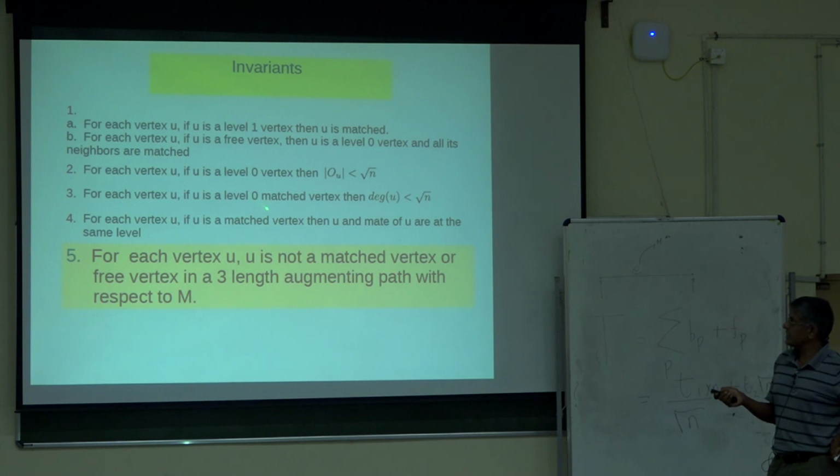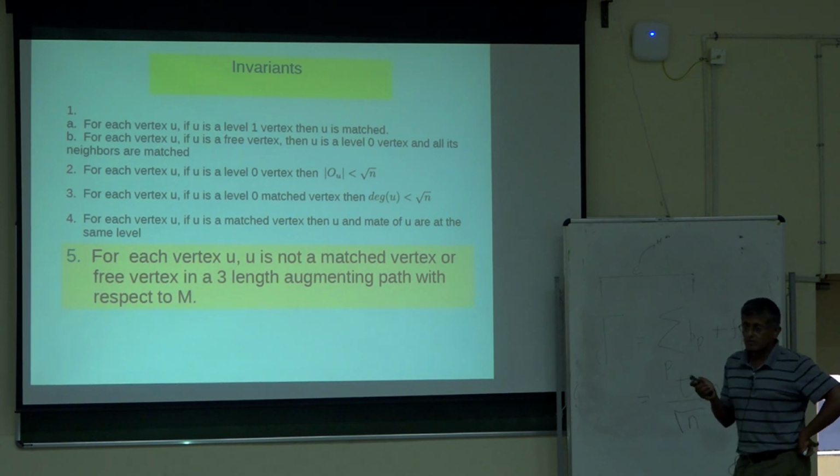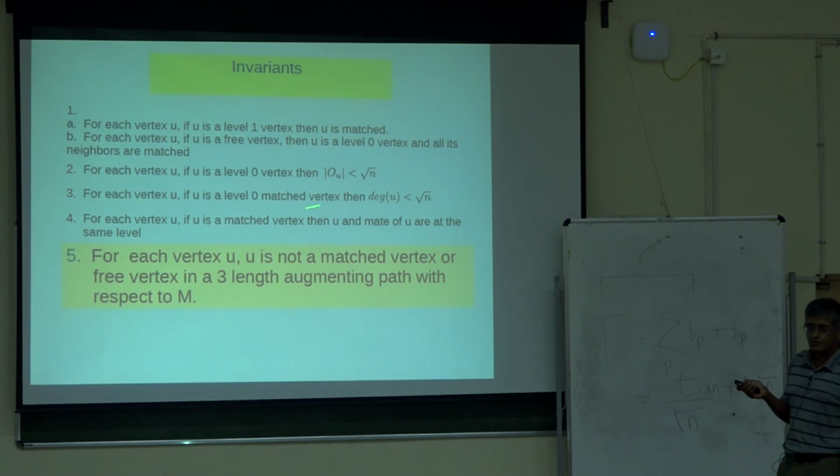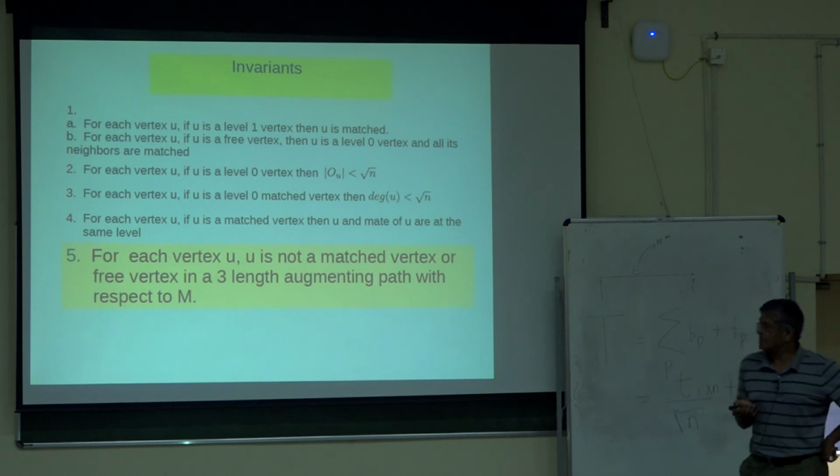However, it is quite possible that you may have level 0 vertices whose degree is smaller than root n, whose ownership is more than root n, but they are matched. So this is one more invariant which is very helpful for us in searching for three-link augmenting paths when they happen. And the mates are at the same level. And we always ensure that whenever we find a three-link augmenting path, we fix it.